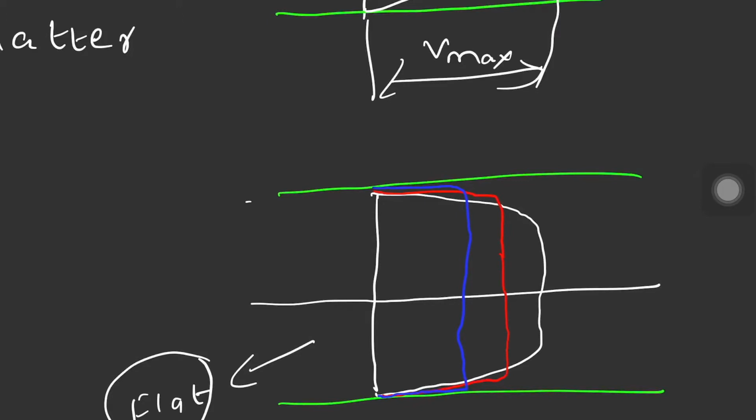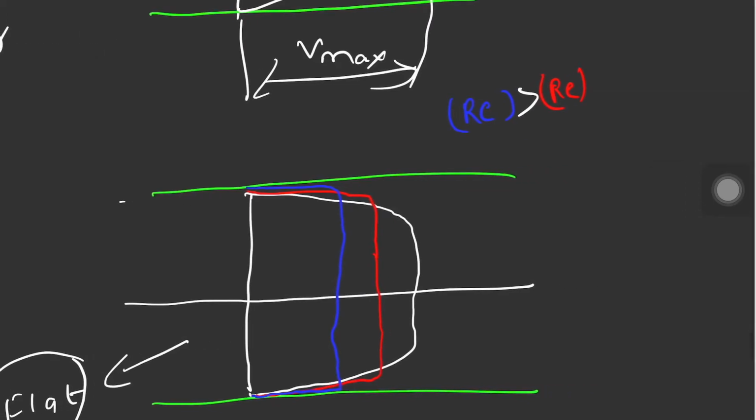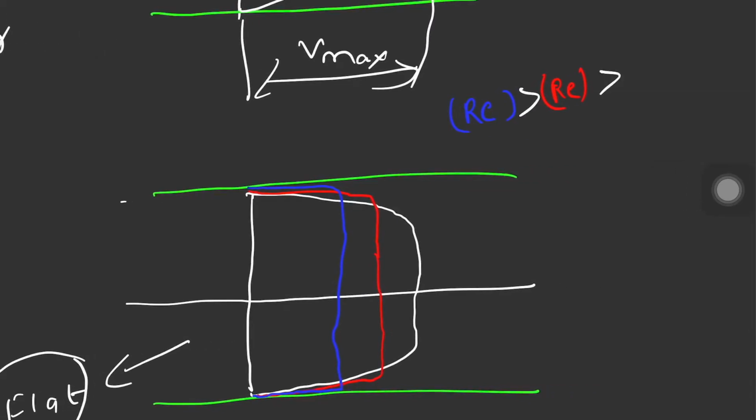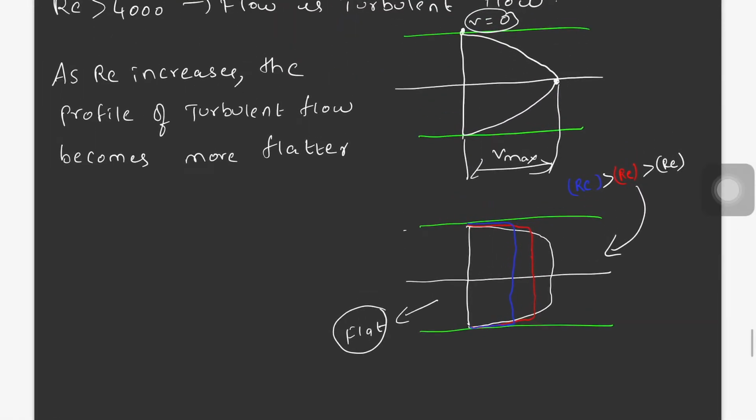So the Reynolds number in blue color is greater than the Reynolds number in red color, which is again greater than the Reynolds number in white color. As Reynolds number increases, the profile of turbulent flow becomes flatter and flatter. This is the main concept.